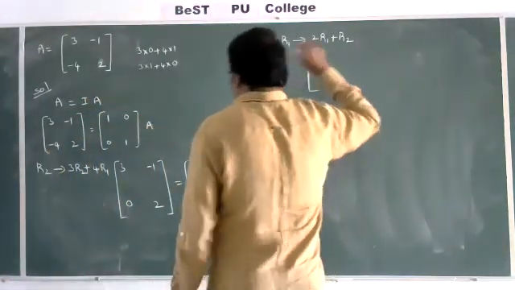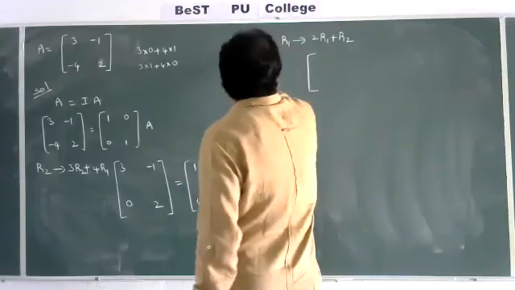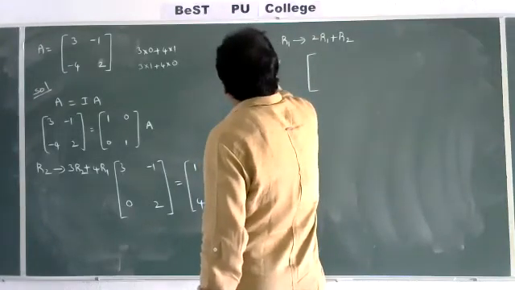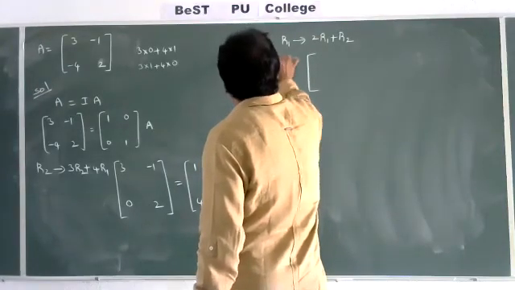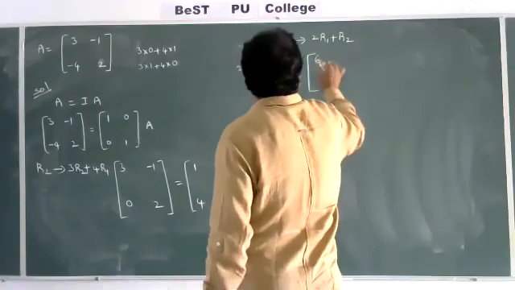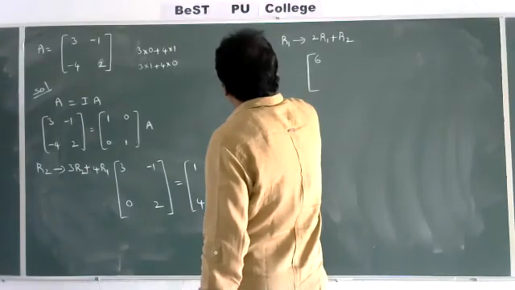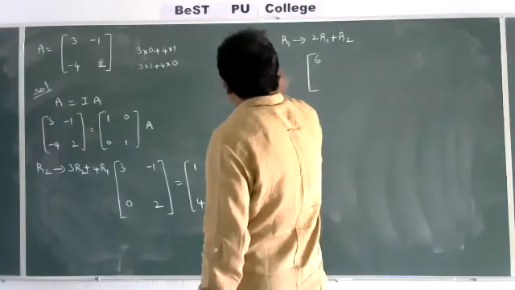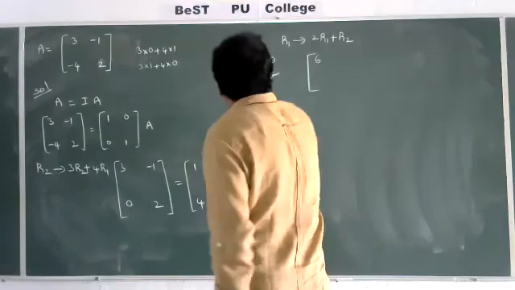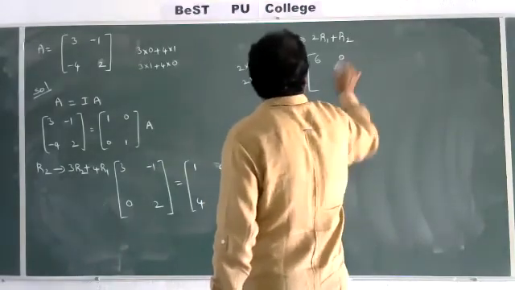That is here 2R1, 2 into 3 plus R2 is 0 here. That is you get 6. 2R1, that is 2 into minus 1 plus 2, minus 2 plus 2, 0.